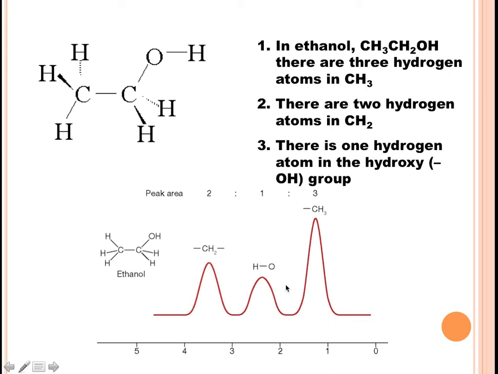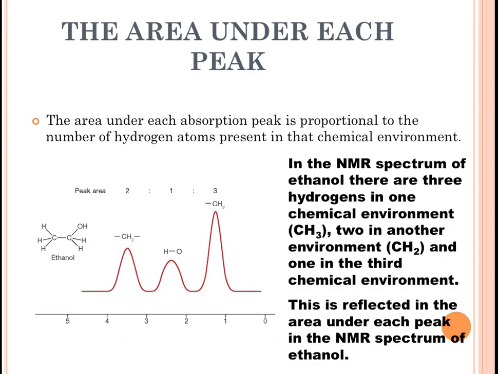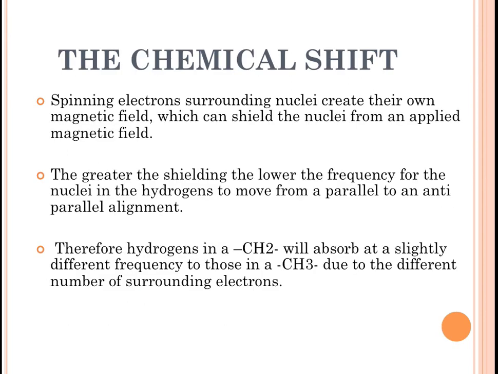Notice in all of these I'm not using the chemical shift, because again, my chemical shift is likely to steer me wrong. If I don't have to use the chemical shift, I'm not going to. So my area under the peak, and it is the area under the peak rather than specifically the height, but the height can approximate it. That tells us the number of hydrogens in each of these environments.